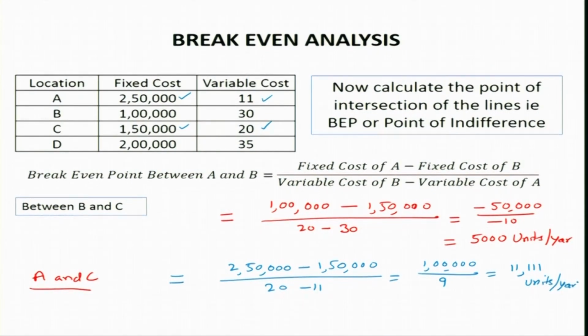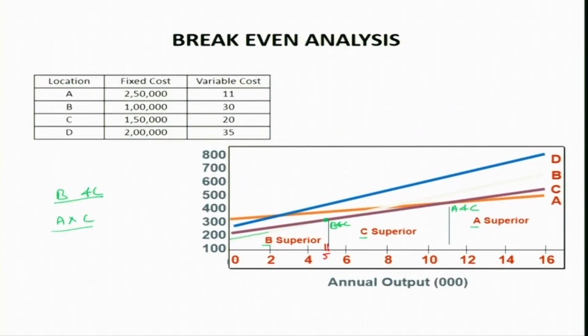So, that is my point of indifference. So, returning back to our diagram, this is around 11,000 is the break even point.